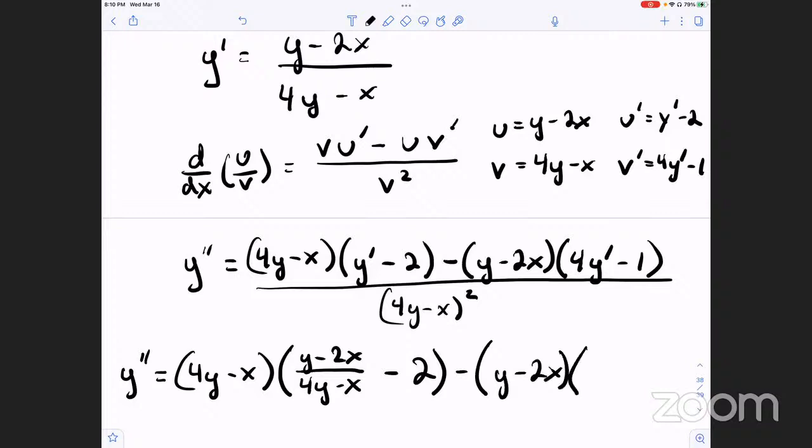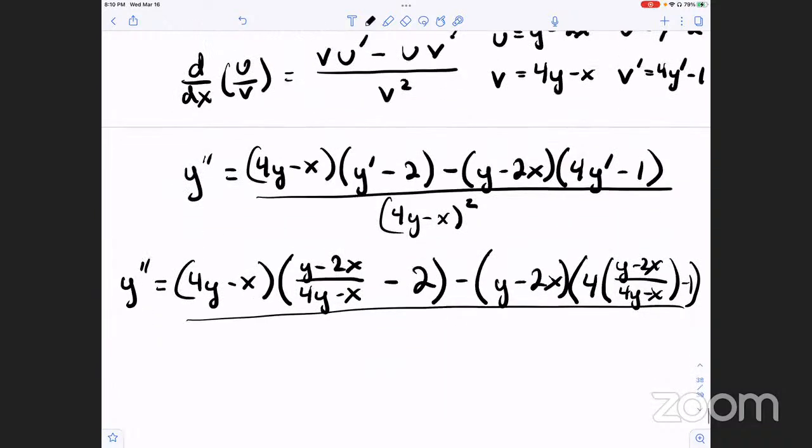We've got 4 times y prime, so 4 times y minus 2x over 4y minus x, okay, and then minus 1, kind of out of space. And then we still have over v squared, so 4y minus x quantity squared, okay?